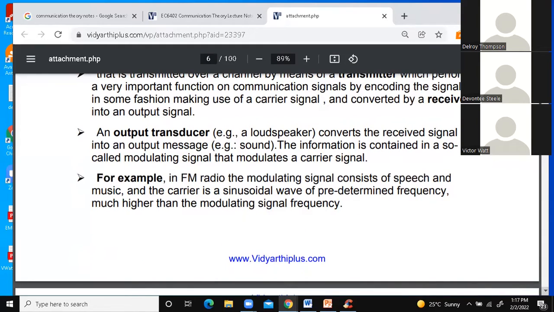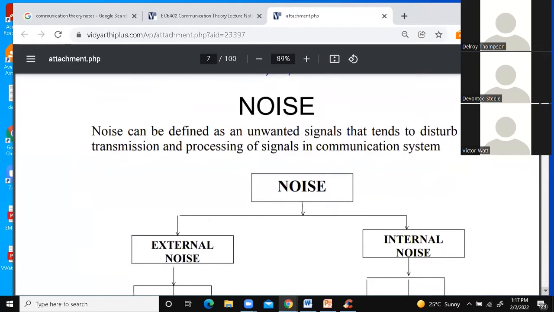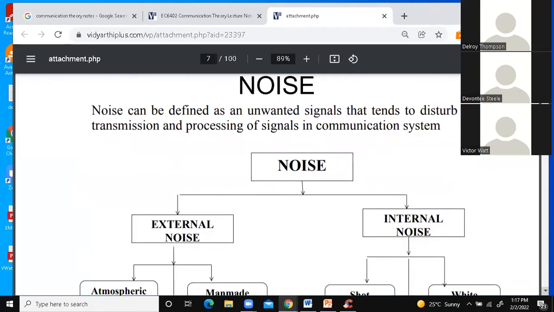So then, let's give noise a little bit of treatment before we jump into modulation. Let's properly define it because it's such a problem.